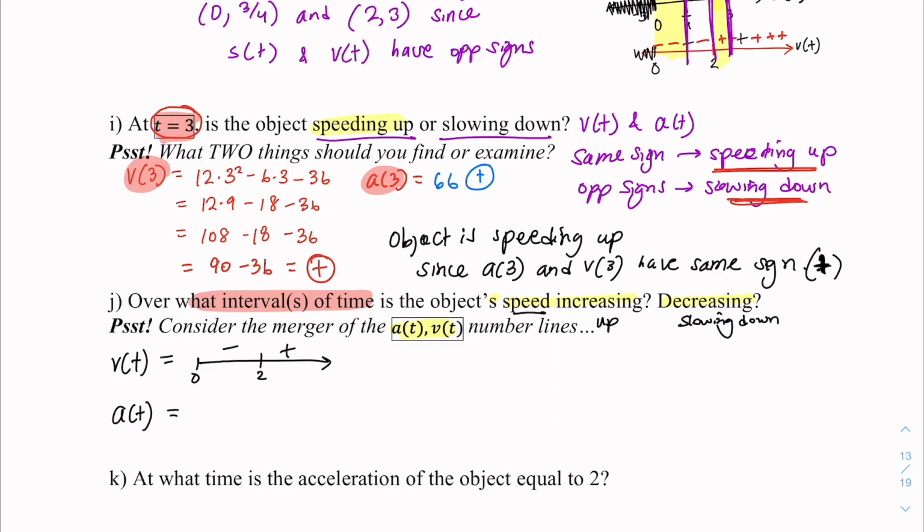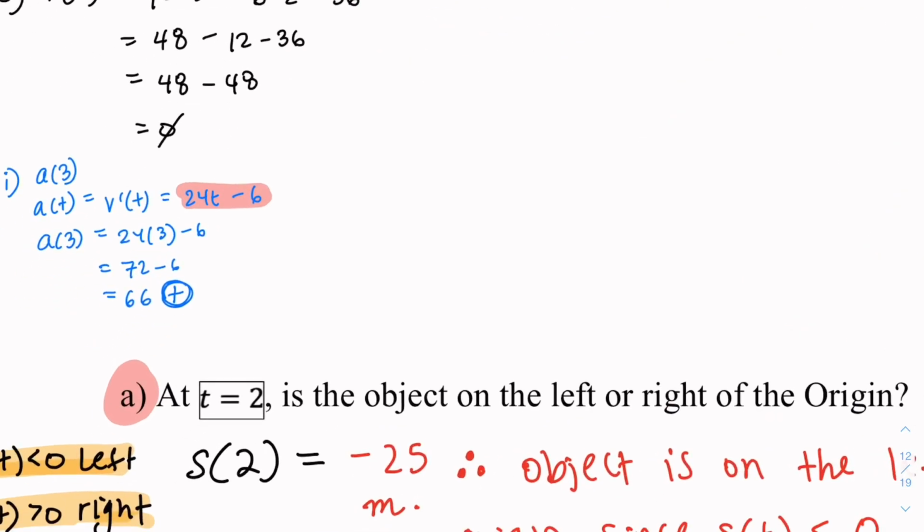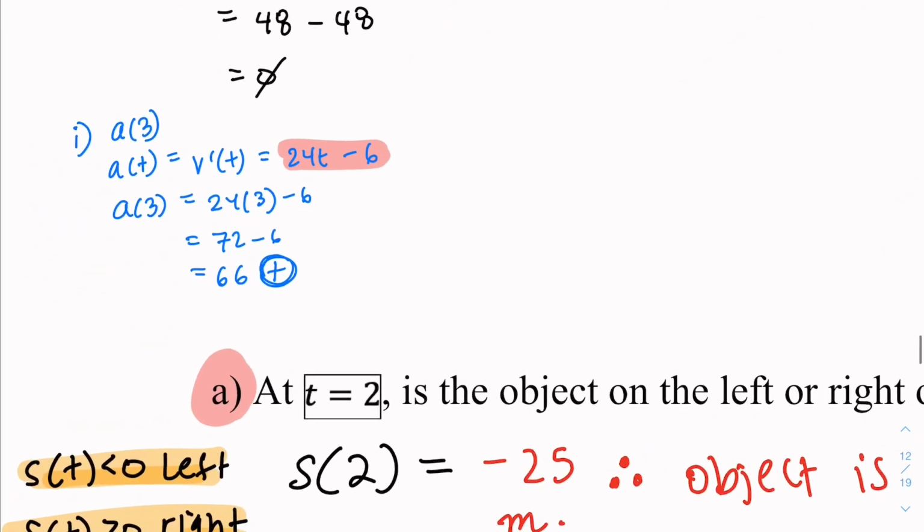For a of t, we don't have a number line yet, so let's make it. From this section, we found a of t equals 24t minus 6. So setting that equal to 0 and factoring out a 6, we find that the only root is at 1/4.